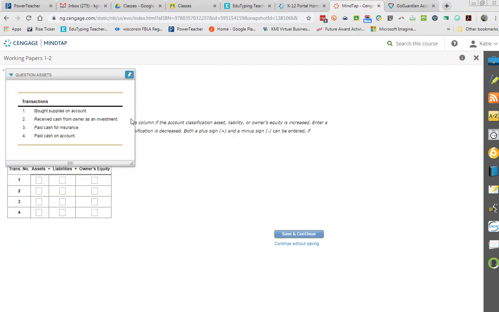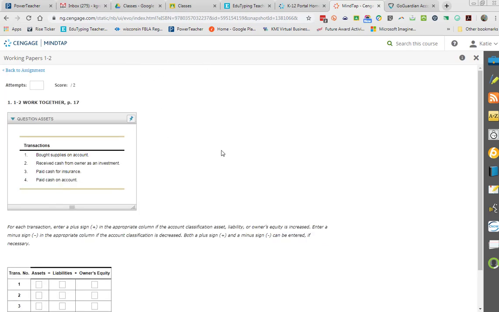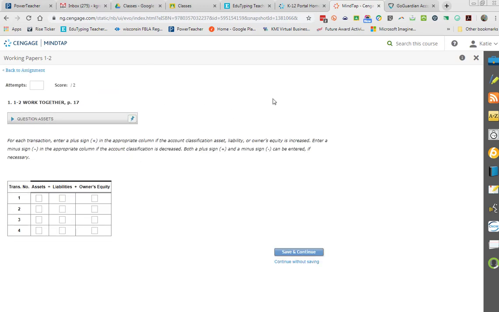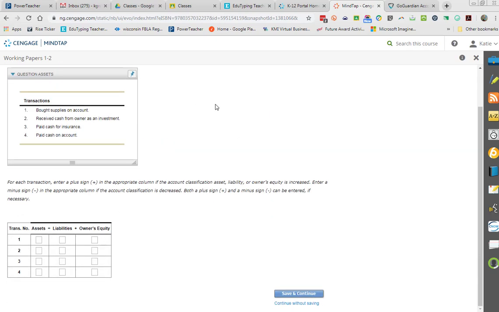You can pin it so that it's always there, and then if you had to do a lot of scrolling, you wouldn't have to keep going up or down. So I just wanted to show you that. Depending on your screen size, please make sure you adjust the way you need to. You can also make it shrink up if you wanted to work down below. So again, just a little bit of working with Applia.